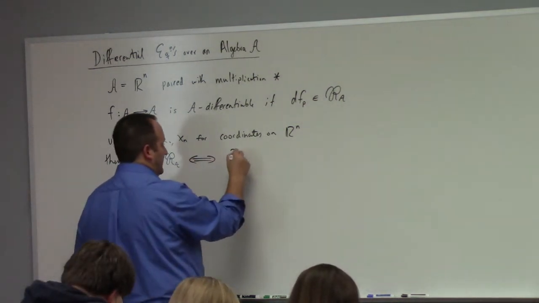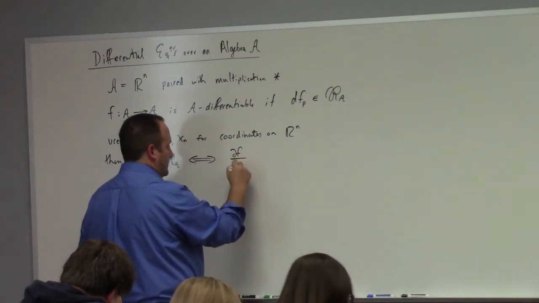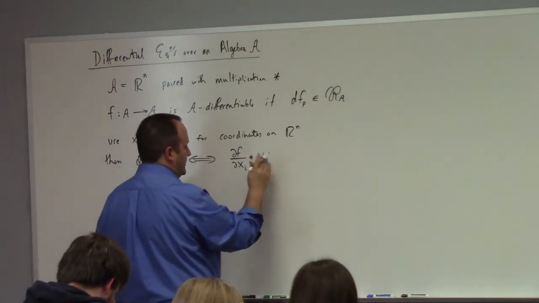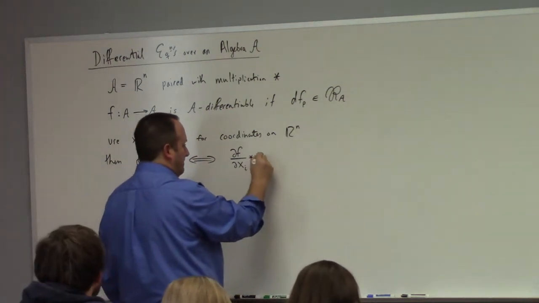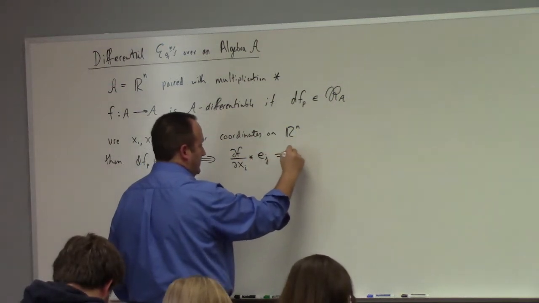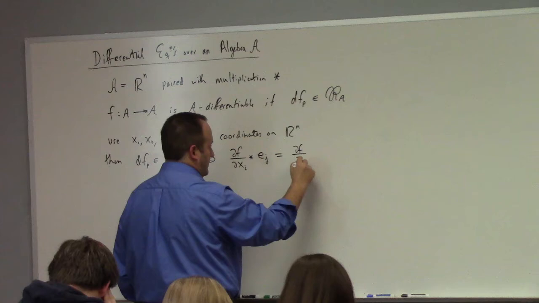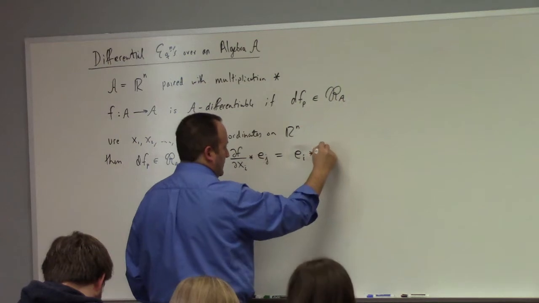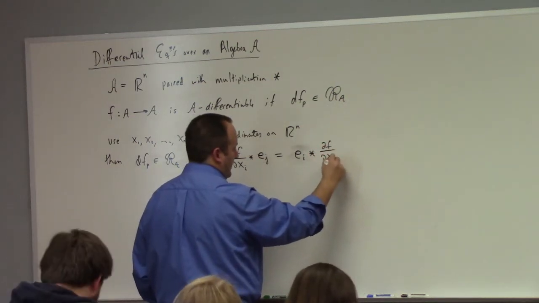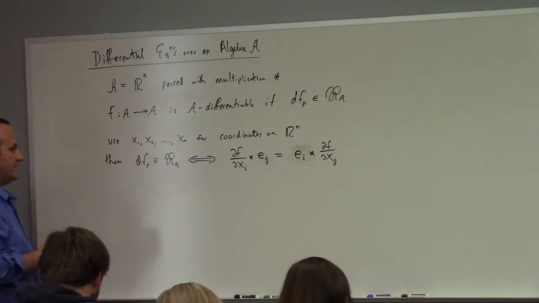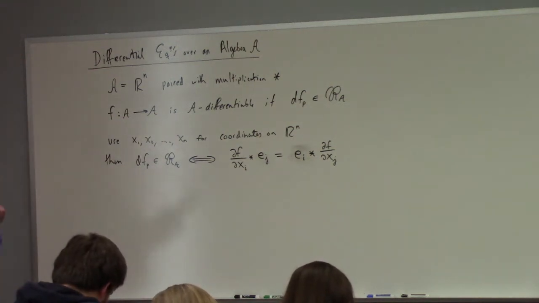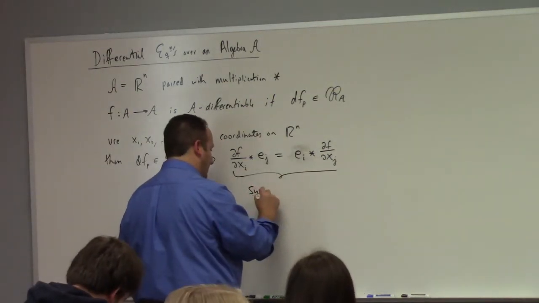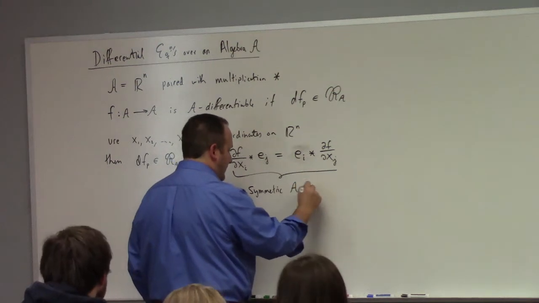It's interchangeable with saying that partial f, partial xi times Ej is equal to partial f, partial xj times Ei. Notice that the i and j have switched places. These are the so-called symmetric A Cauchy-Riemann equations.